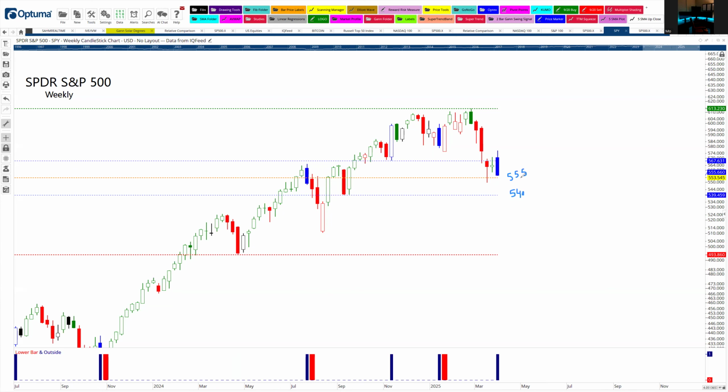So that's, what, 15 points here. And then from here, you have to either adjust it to 535 or you can do 530. So that makes it 10 to the downside and you have 15 to the upside.